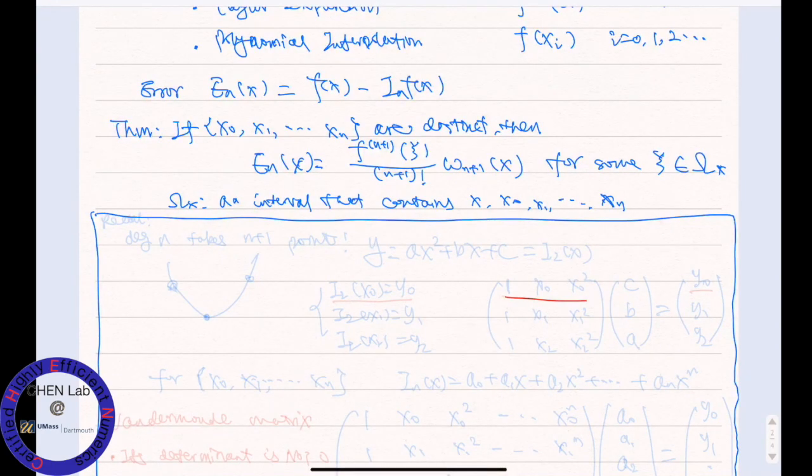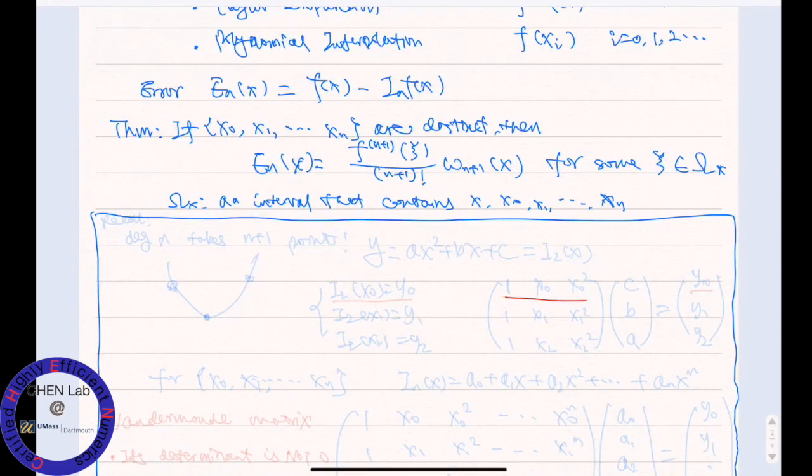So you're given n plus 1 points. You do your interpolation. We need n plus 1 points to do a degree n interpolation. Like 3 points, you get a polynomial of degree 2, that's ax squared plus bx plus c. And so with those n plus 1 points, we're asking ourselves, what is the error at some x?